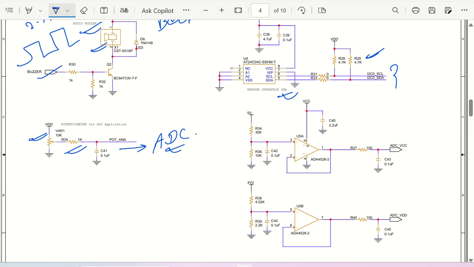Coming back to two voltage levels, which are my 5 volt level as well as 3.3 volt level. Both of them are monitored through the microcontroller with this voltage division, 30 kilo ohm and 10 kilo ohm, and this is how you are going to send it to my ADC VCC, after buffering as well as filtering.